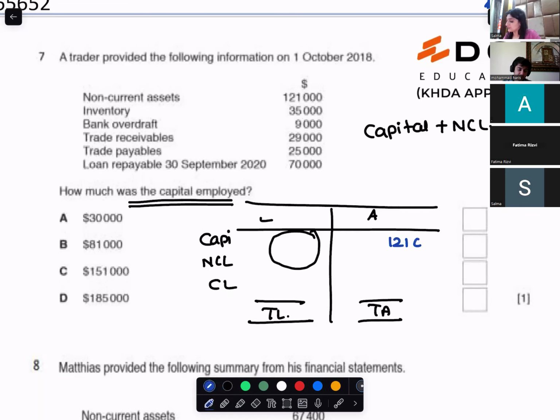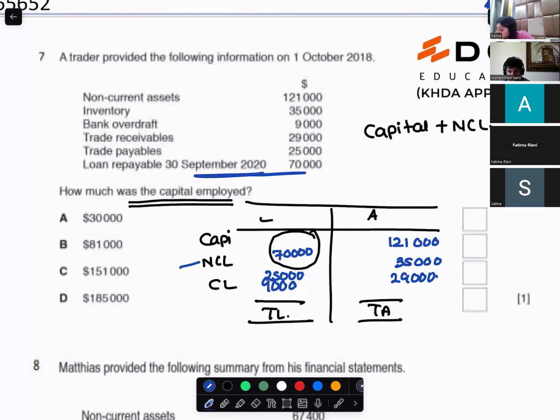Non-current assets is 121,000, inventory is 35,000, bank overdraft is 9,000, trade receivables is 29,000, trade payables is 25,000, and this is non-current liability, is it? 70,000. Can you give me the capital? Miss, you're muted.